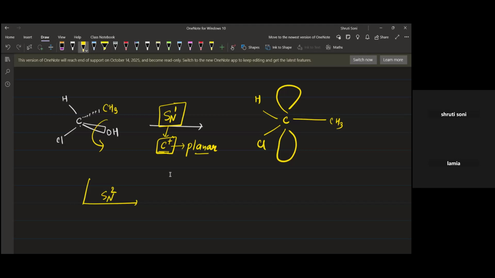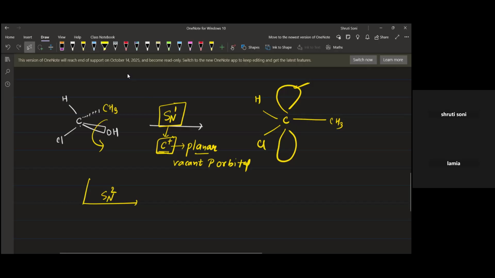Carbocation is basically a six electron species, and in carbocation there is a vacant p orbital. So this is the vacant p orbital. You will understand in the end what is the need of this vacant p orbital.